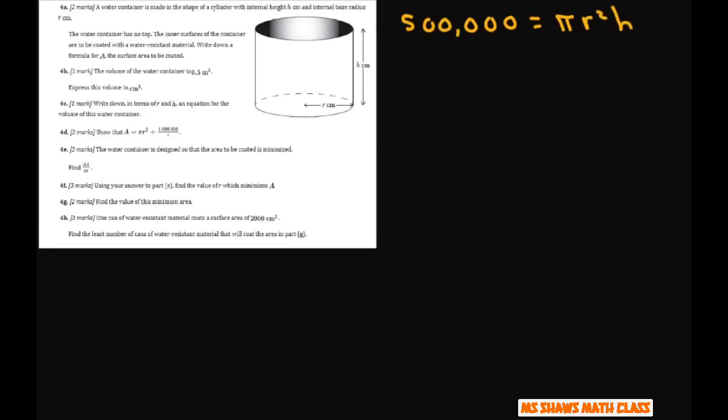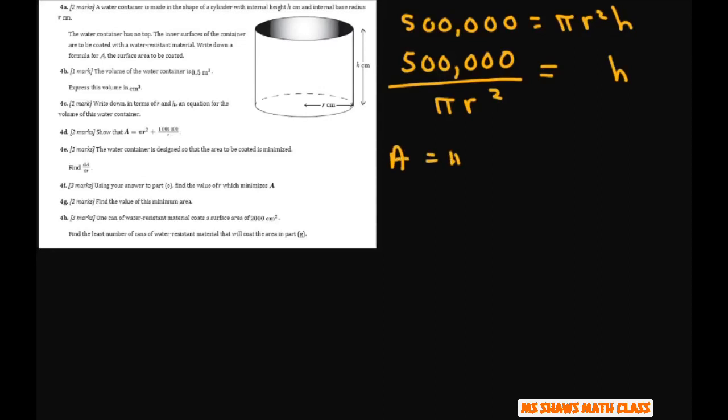So we know that h equals 500,000 divided by pi r squared. And we know the area equals pi r squared plus 2 pi r h.